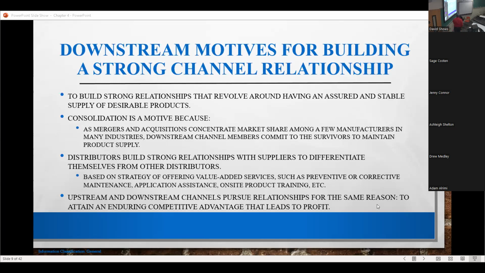If I am a distributor in the middle there, I want to have a long-term relationship because once again, as I've talked about over and over, we want to differentiate ourselves from other distributors. Because if one distributor is like another, how do you choose? When there's no significant difference between distributors, when there's no significant difference between anything, how do you make a choice?